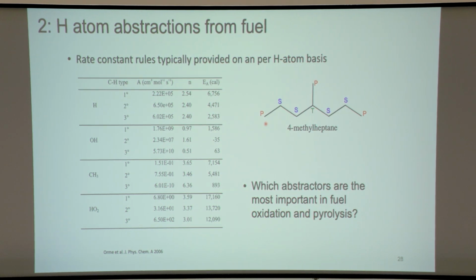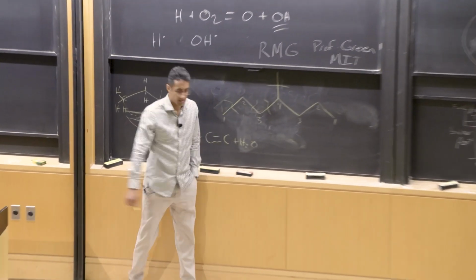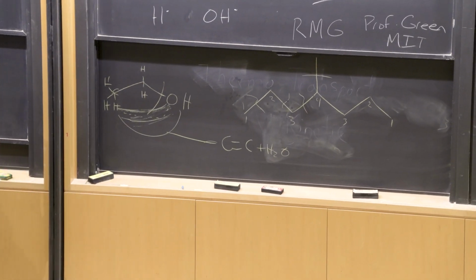So remember on this site, there's 3 hydrogens that can be pulled off. You don't write the rate for 3 hydrogens, you write the rate for 1 hydrogen, because again, from the thermo data, you know that there's 3 hydrogens on this site, and from the structure of the molecule. Similarly here, similarly on 4 and 5.